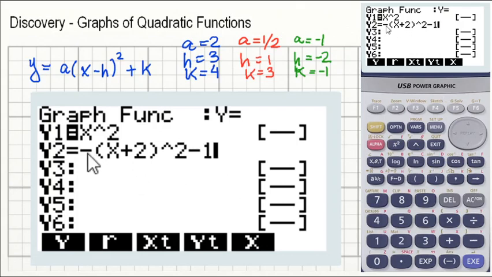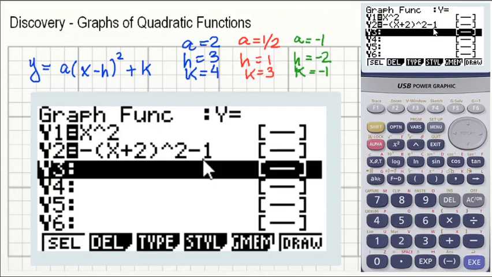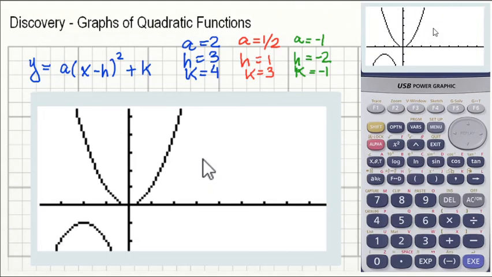So a here is negative 1, h is take away 2, so it becomes positive 2 inside of the bracket, and negative 1 here is simply negative 1. So let's plot this function. Enter, plot, draw, and there you go.